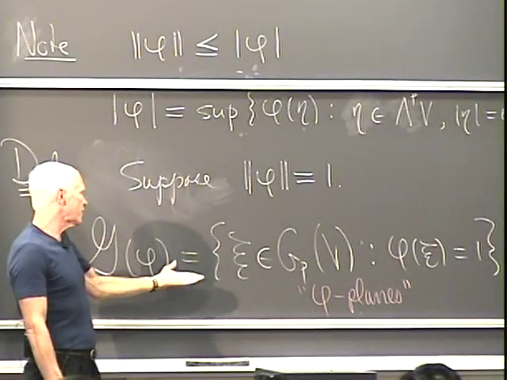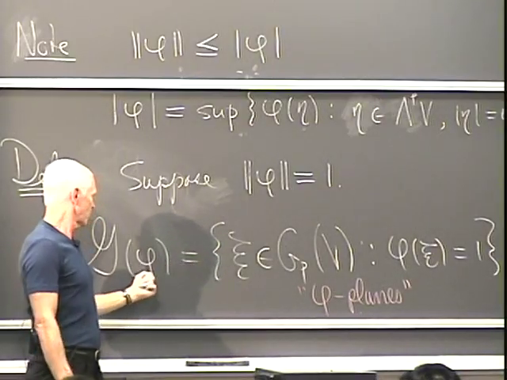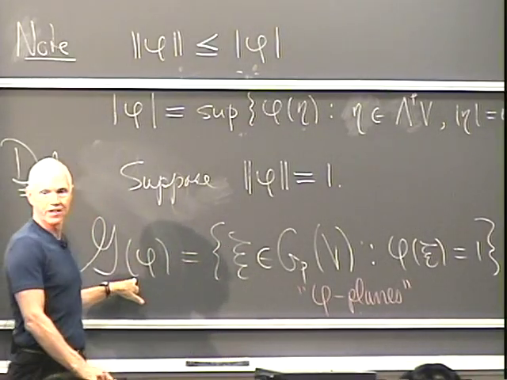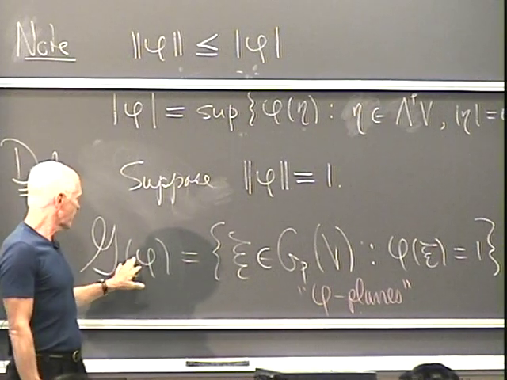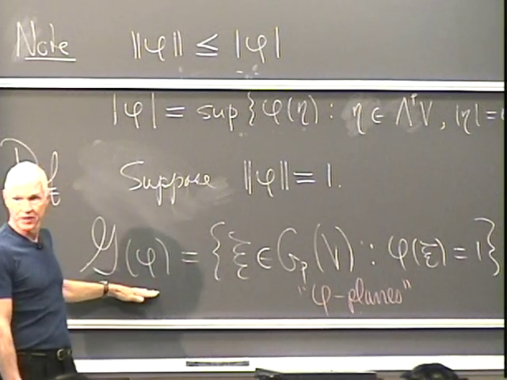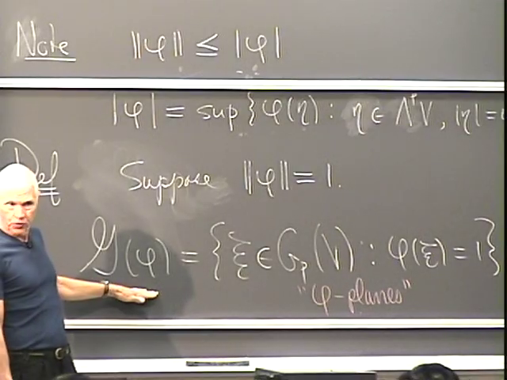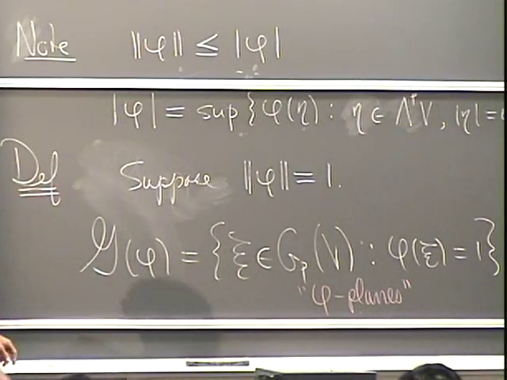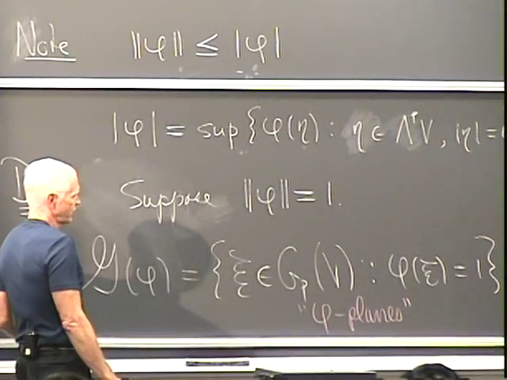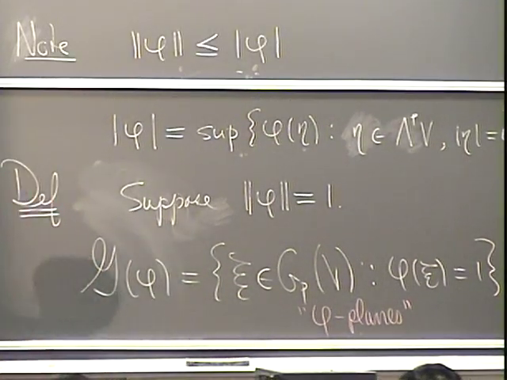Now, generically, if you take a random choice, you're going to get exactly 1 point in this set, and it won't be very interesting. The name of the game here is to find those forms where this set is actually big. So we're looking for the diamonds in the sand, the interesting forms. But when you find them, they tell you something nice.